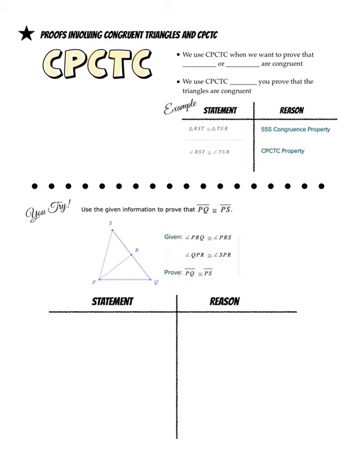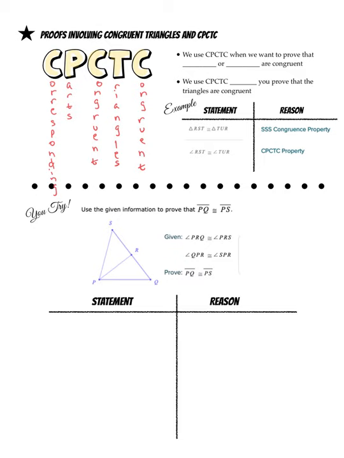Corresponding parts of congruent triangles are congruent. I ran out of room, hard to do it this way. I'm going to talk about that.